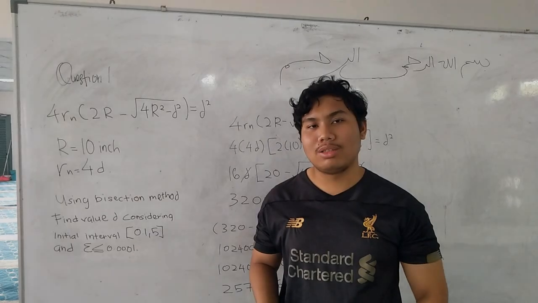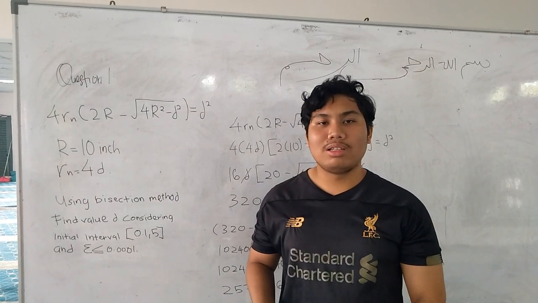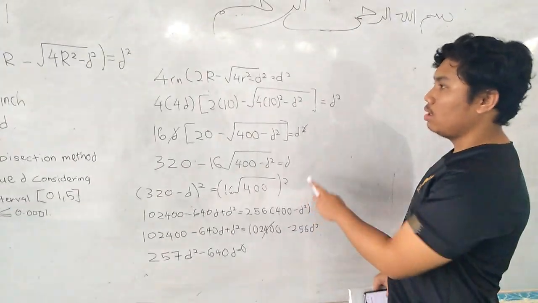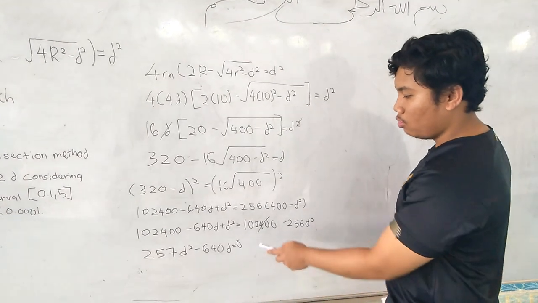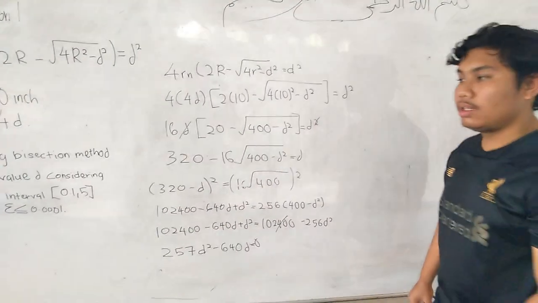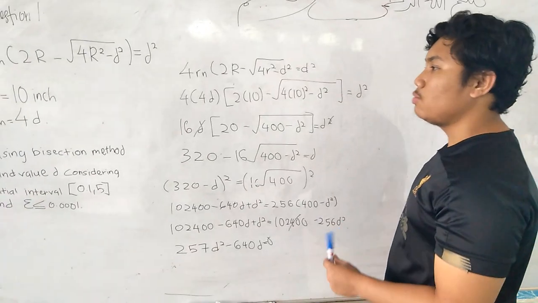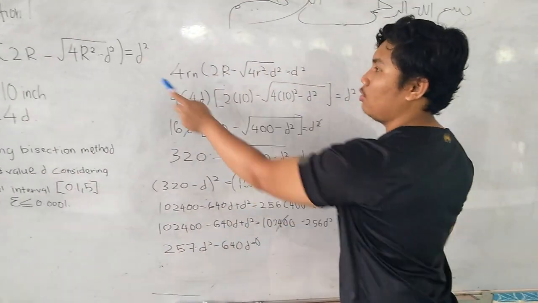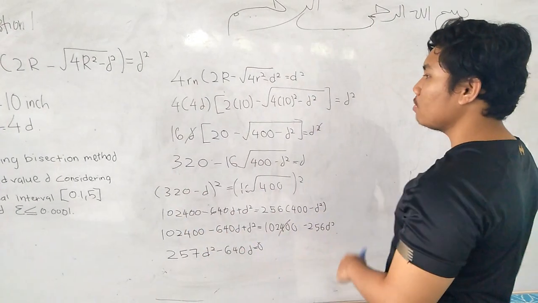Assalamualaikum warahmatullahi wabarakatuh. Now, I'm going to teach you about question 1. Let's go. This is what we'll do to get the equation using the bisection method. First, we substitute the values of R and Rn into this equation.